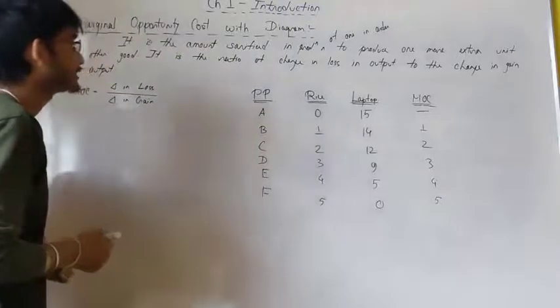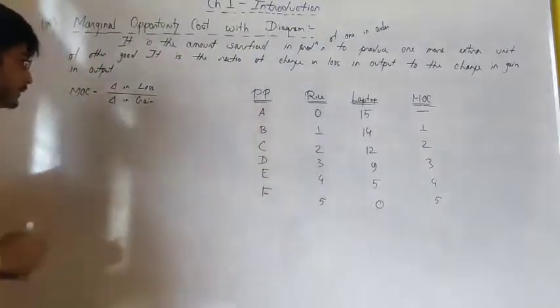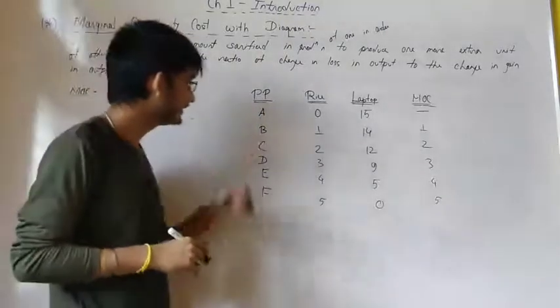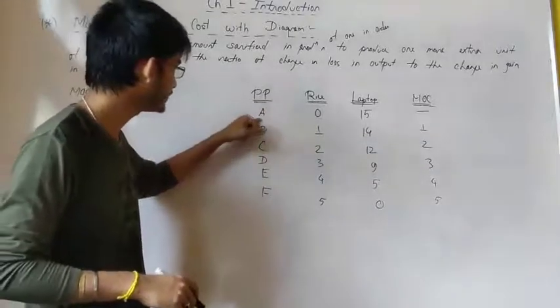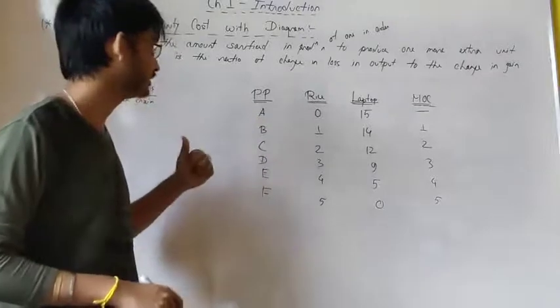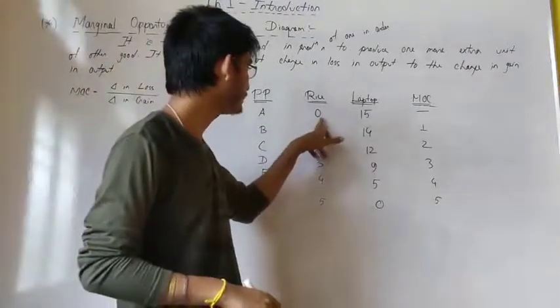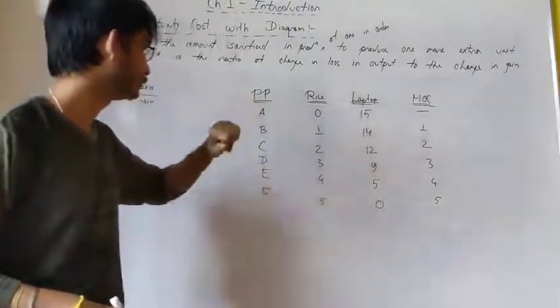Now how to explain this table? From this table it is clear that at the first combination, the economy is producing no rice and only laptops.